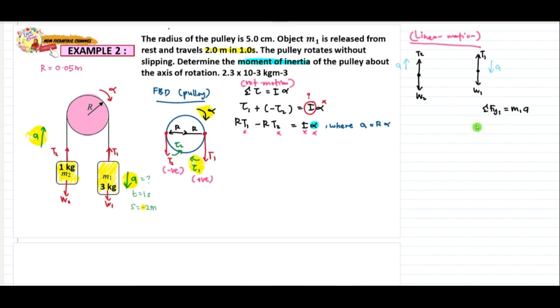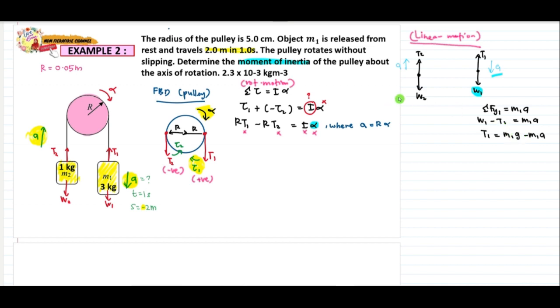So W1 minus T1, bukan T1 minus W1, because W1 is the same direction with A. Since W1 is the same direction with A, we will write W1 minus T1 equal to M1A. Therefore, T1 is equal to M1G minus M1A.